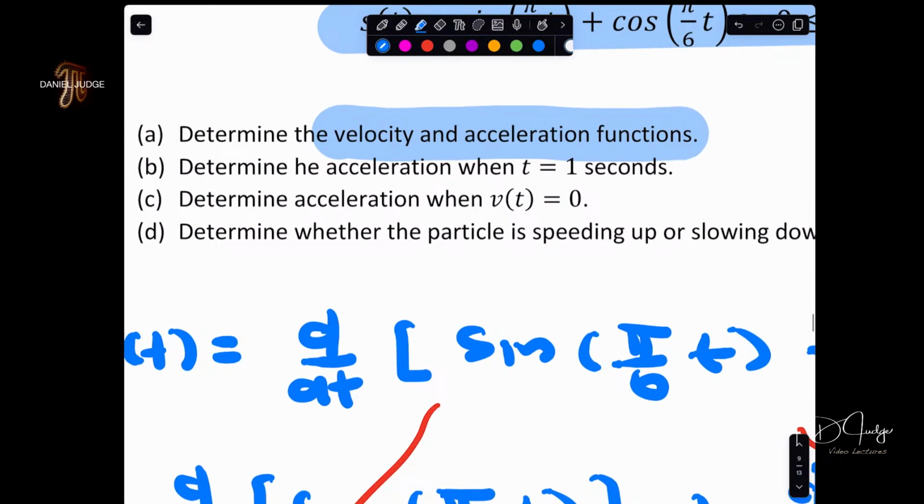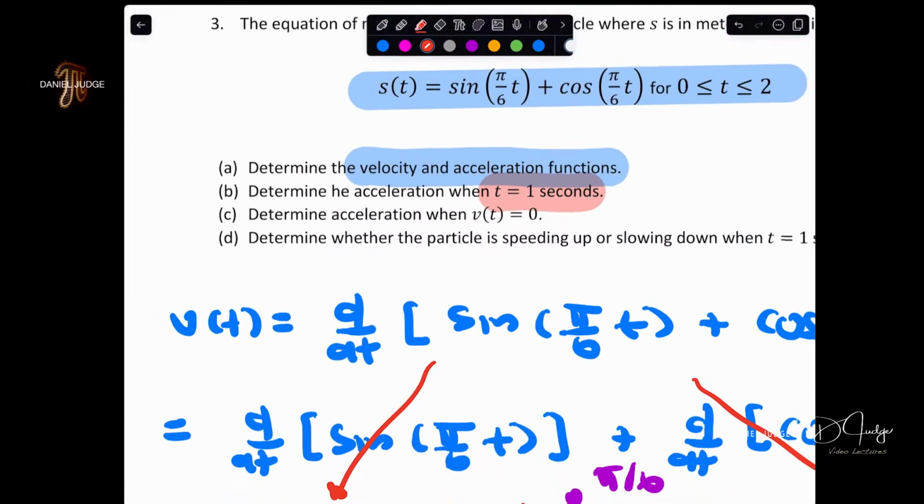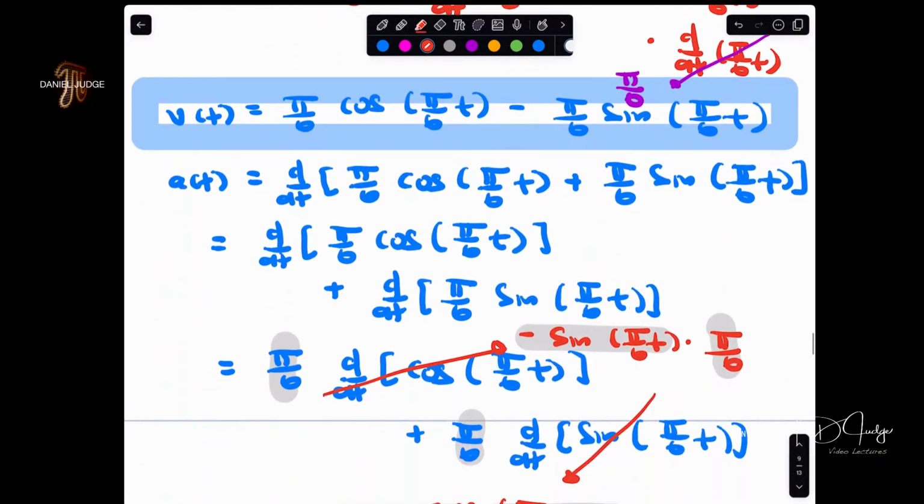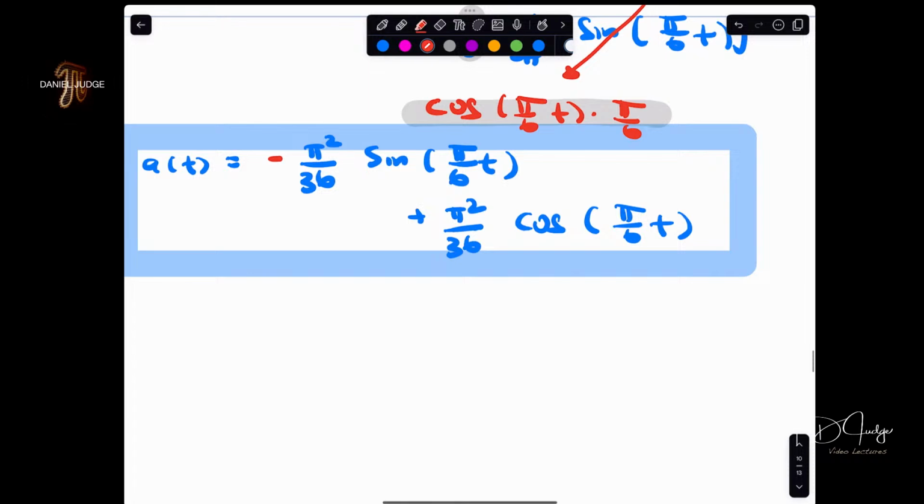Determine the acceleration when t is 1 second. So this is a of 1. What's our acceleration when t is 1 second? So let t be 1. That's what they're asking.